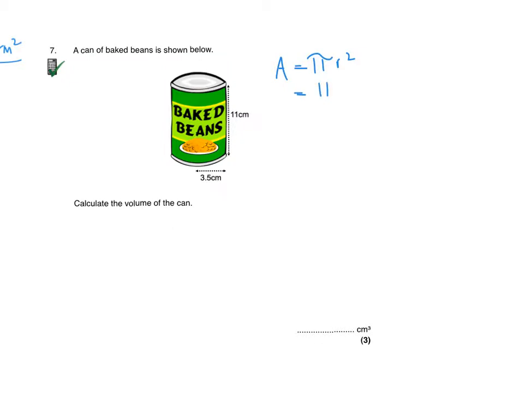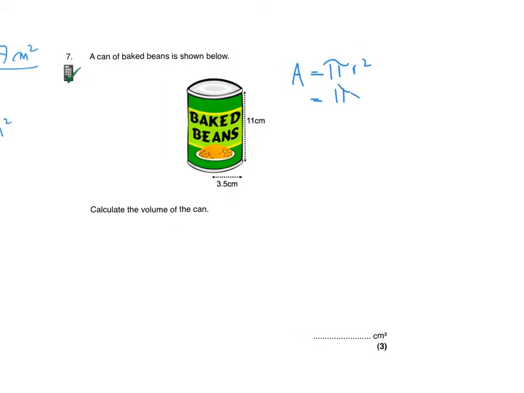So pi times 3.5 squared, which is 38.5 centimeters squared.